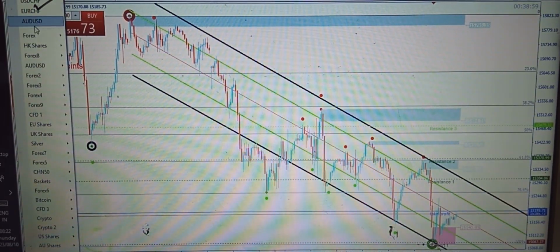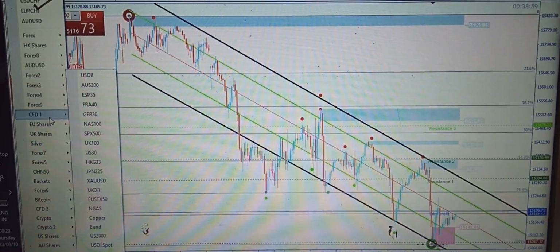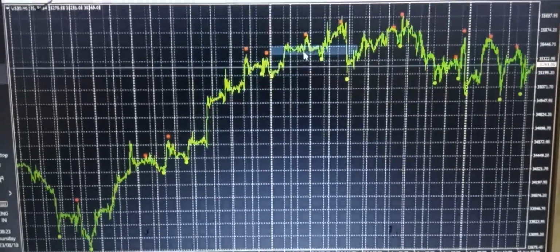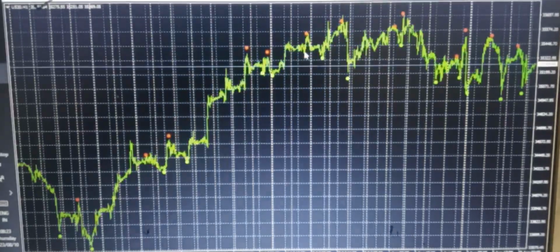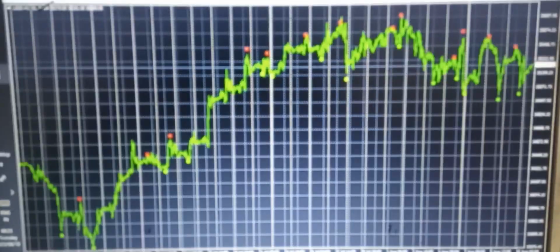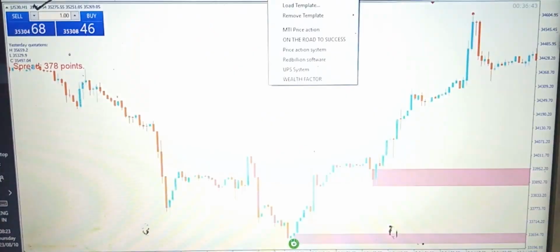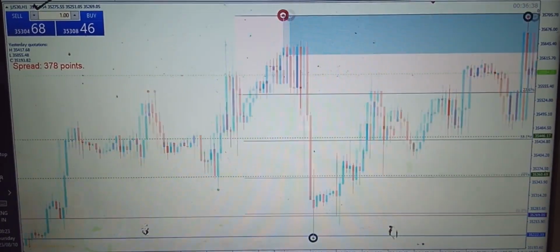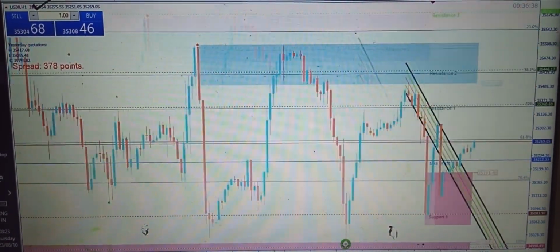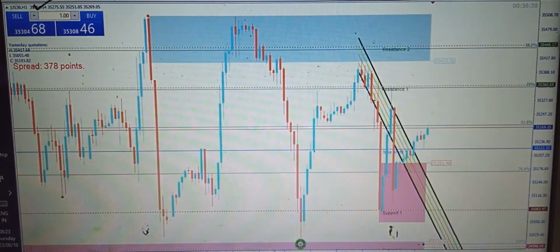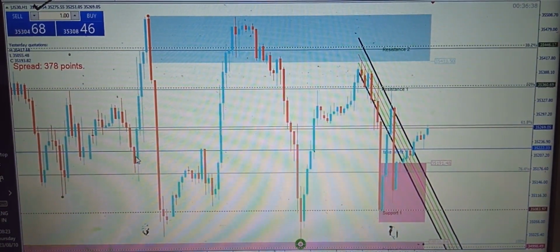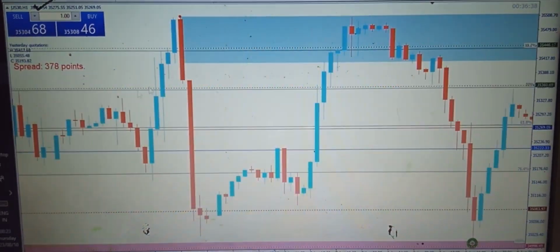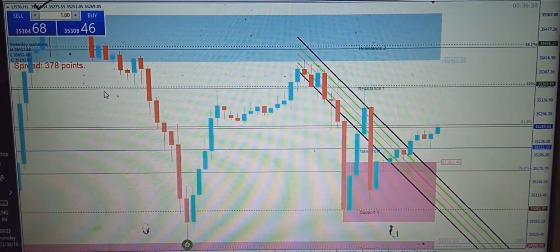Now let's look into US30. Let's see how US30 has been performing. Okay, for US30, it's not really a nice diagram there.